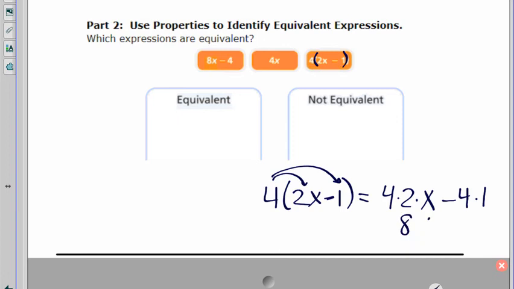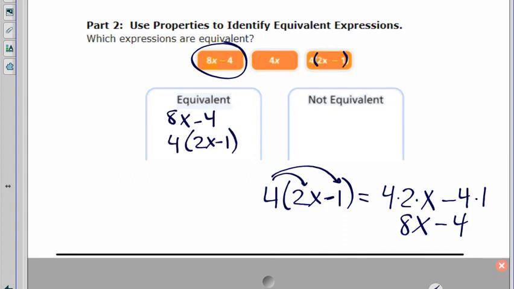I get 4 times 2 is 8 times x, minus 4 times 1 is 4. I get 8x minus 4, which happens to be exactly this. There's no way to get to 4x from these using any properties that exist. So equivalent are 8x minus 4 and 4 times 2x minus 1, and not equivalent is 4x.